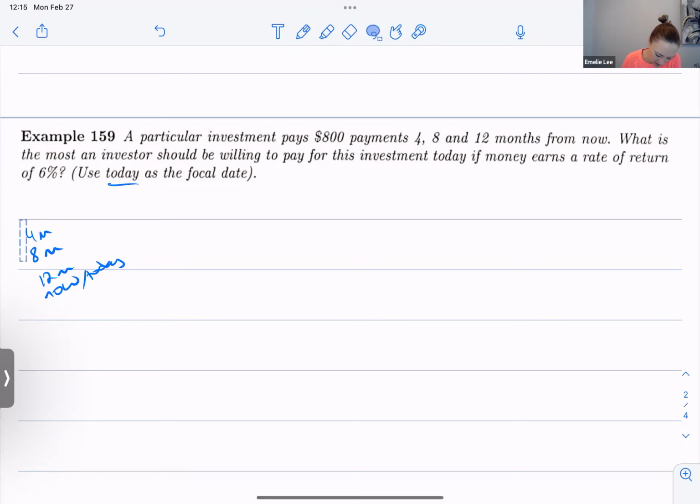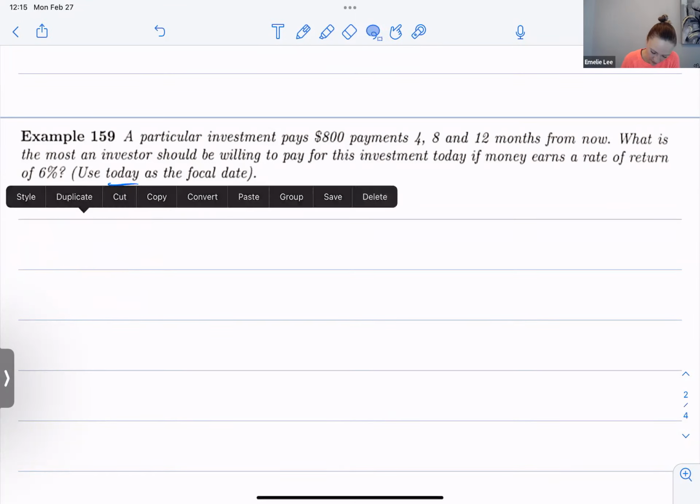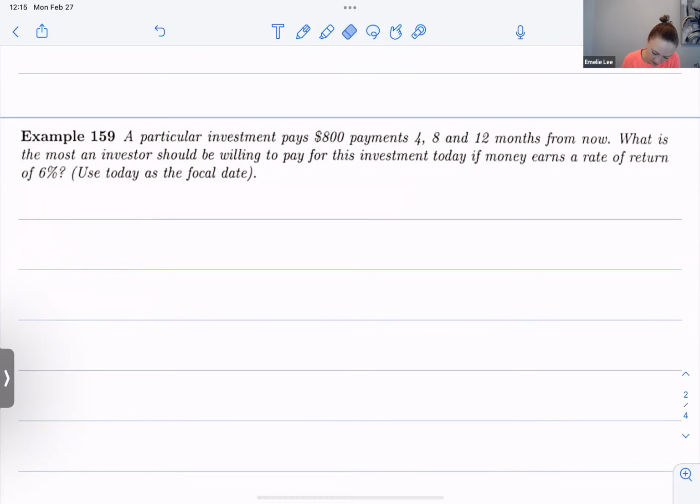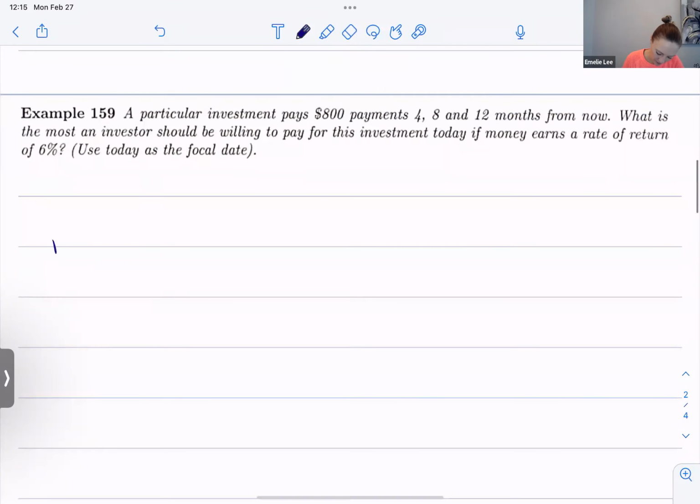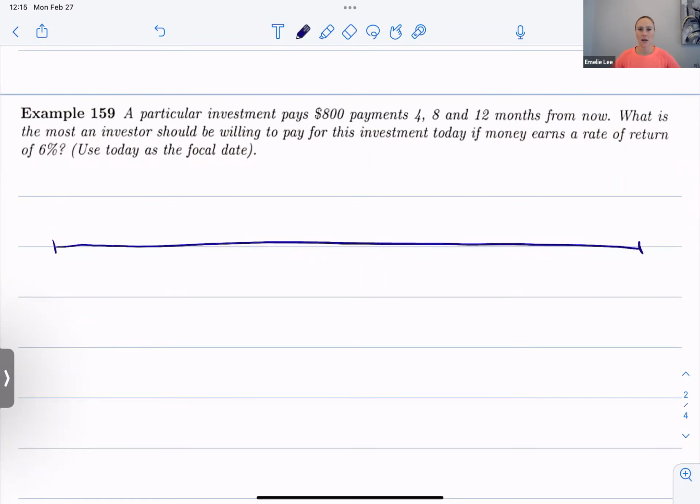So I erase this because I don't actually need it. I just needed it to figure out how many ticks to put on my timeline. And make sure you fill the entire page, right? There's no reason not to, and it just makes it look a little bit cleaner.